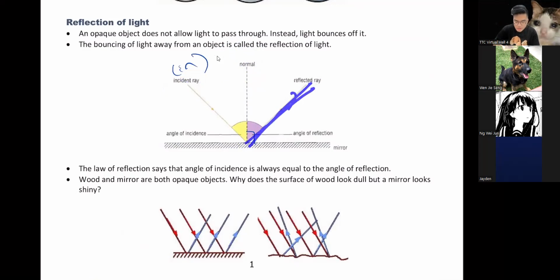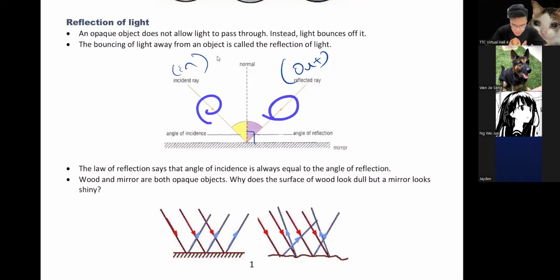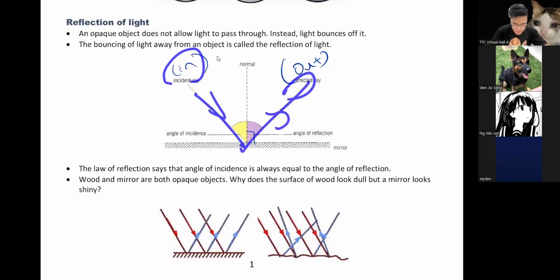So this line is called a reflected ray. That's the going out ray. Incident means coming in, and the bounced off one we call reflected ray. Please learn their names, because in the exam they will ask you to label which is incident, which is reflected. Just look at the arrow. The going in one is incident, the going out one is reflected.